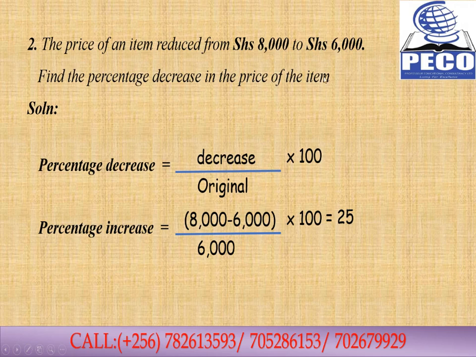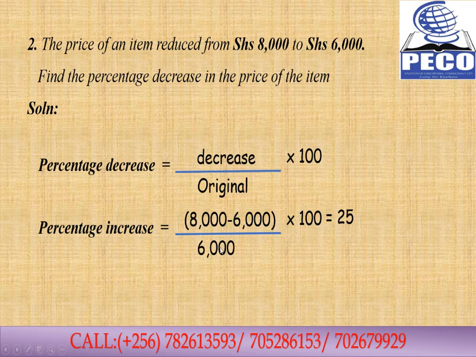So the percentage decrease in the price of the item will be the decrease, which is 8,000 minus 6,000, out of the original. Now the original value here is 8,000. So you check this. Once you take the computation, that is 2,000 out of 8,000 times 100%.